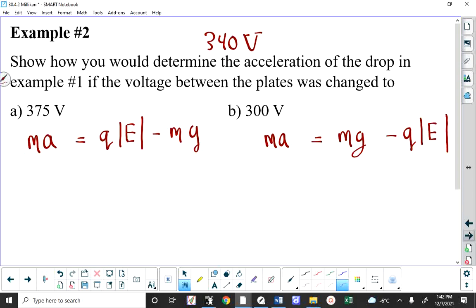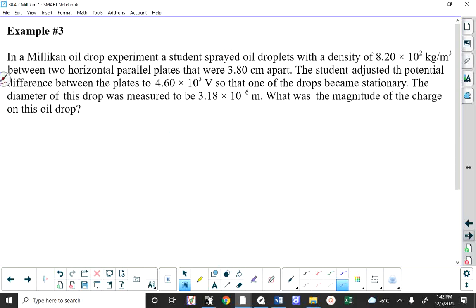Okay. One final example. Example 3 gives you a lot of information. It gives you basically the same information that we had in example 1, and asks us to find the charge on the drop.